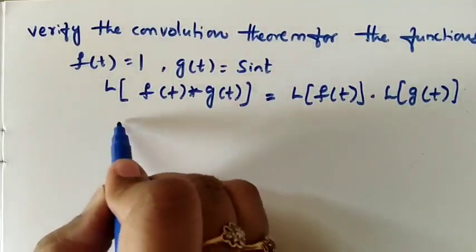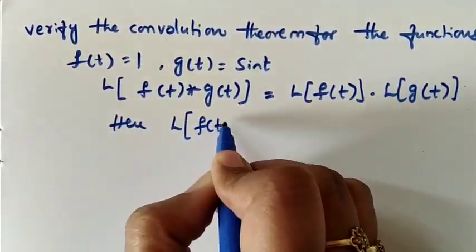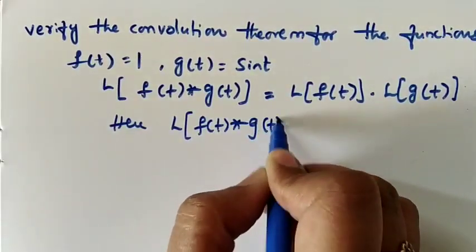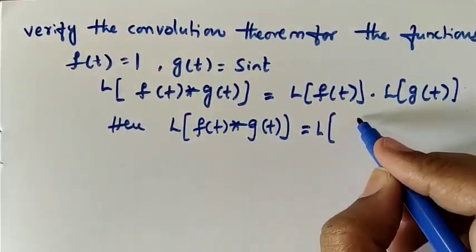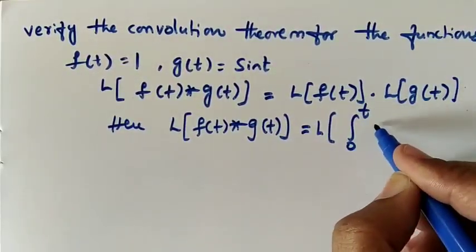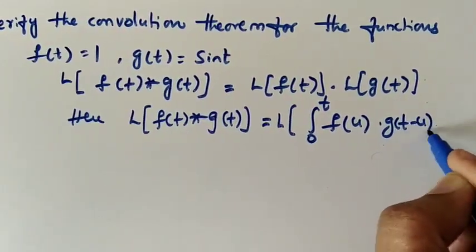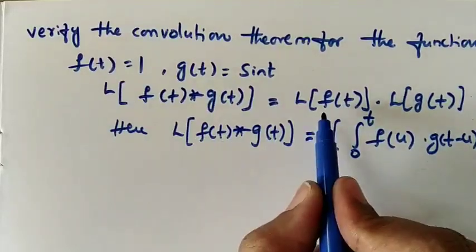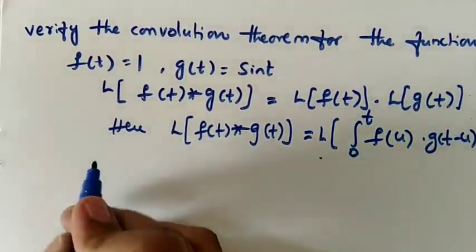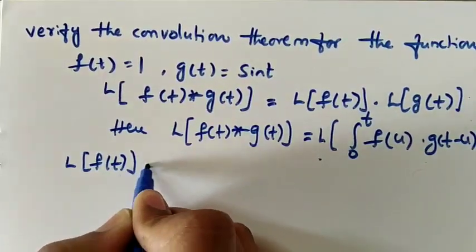And here L of f(t) star g(t) is L of integral 0 to t f(u) into g(t minus u) du, that is the formula. So first of all, we will calculate RHS. RHS means Laplace transform of f(t) we will calculate first.